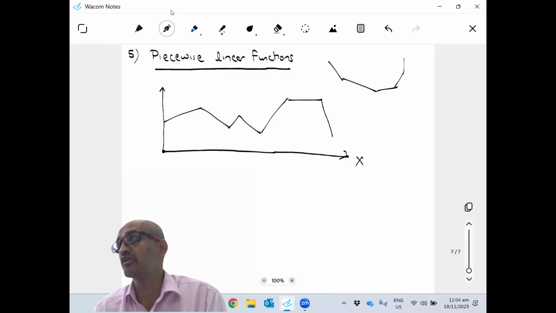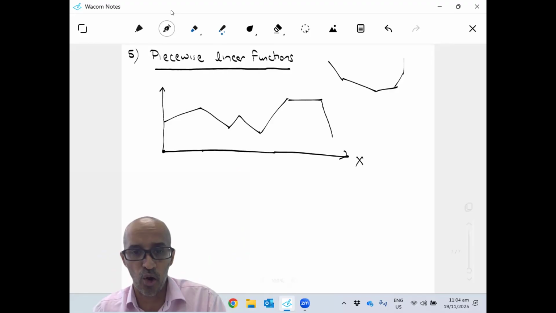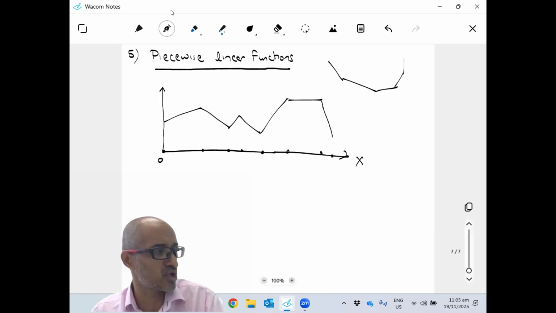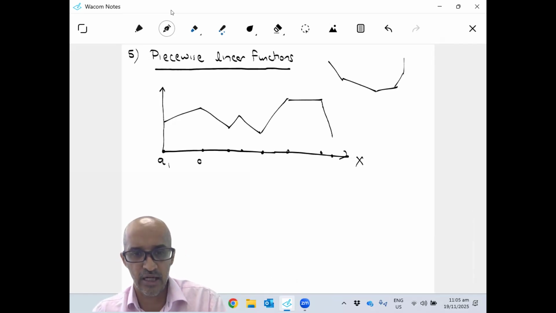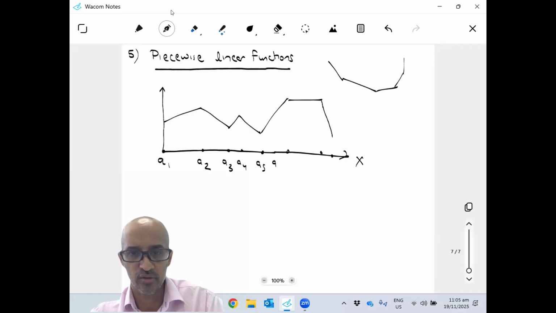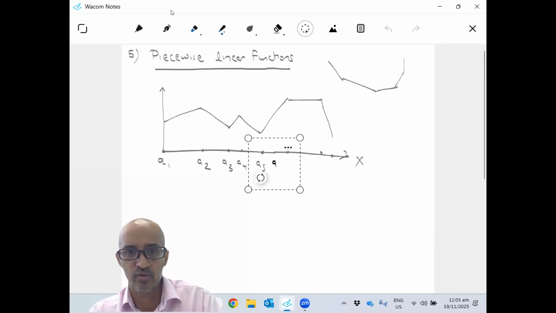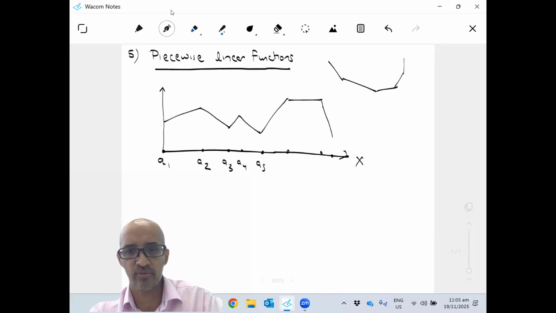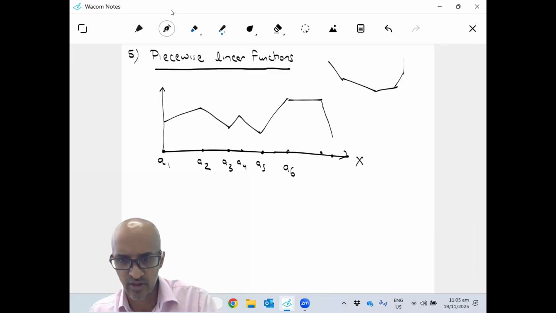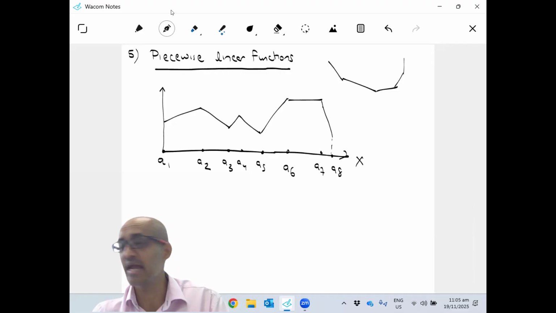One way you can define it is to take all the points where the linear pieces change. In this example, let me call these breakpoints A1, A2, A3, A4, A5, A6, A7, and maybe A8. Maybe my domain is till here, till A8.